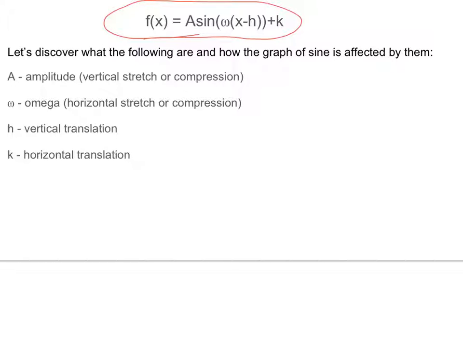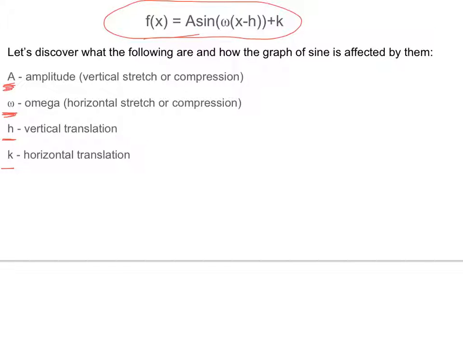We need to discover how the amplitude changes our graph, how omega changes our graph, and how h and k change our graphs. H and k are just the same h and k as we learned with parabolas, but we're applying them to the sine function today.